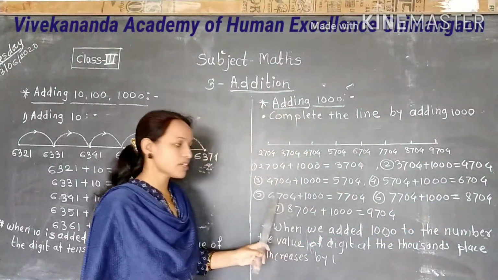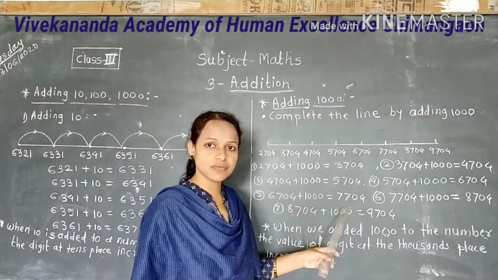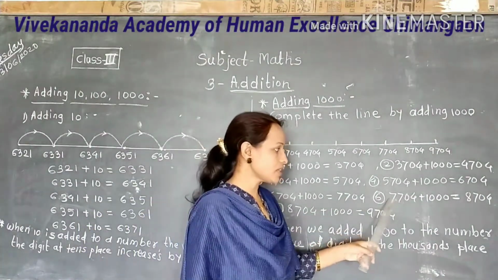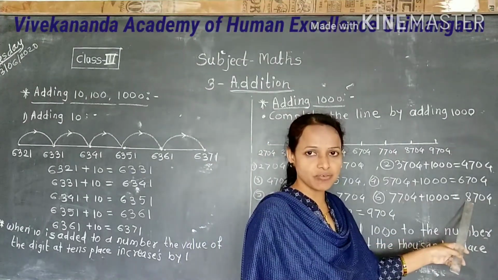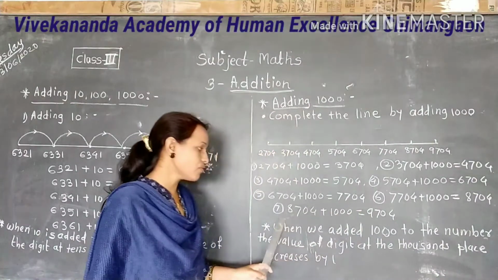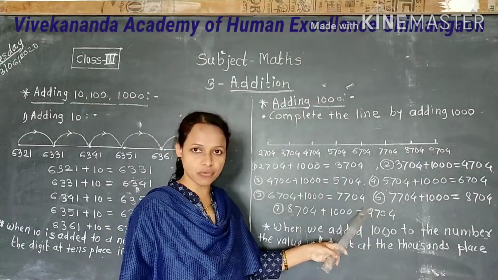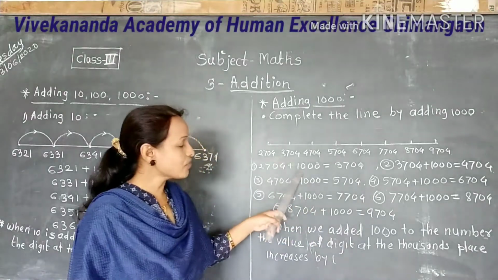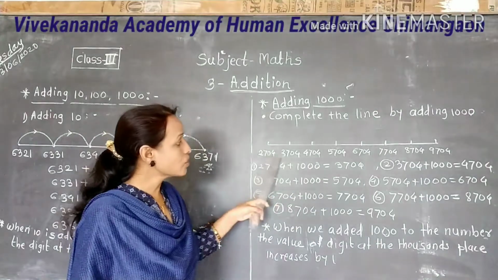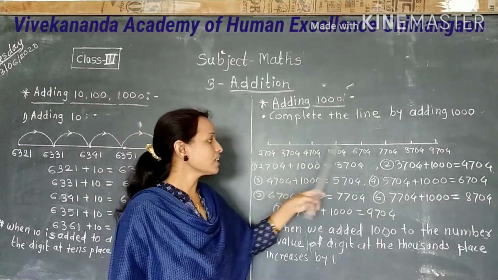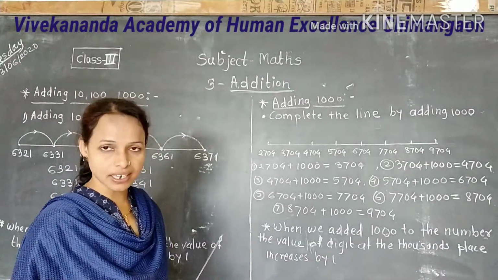In 6704 add 1000, we got 7704. In 7704 we add 1000, we got 8704. In 8704 we add 1000, we got 9704. In this way, after adding 1000 to each number, we write the sum and complete the number line.